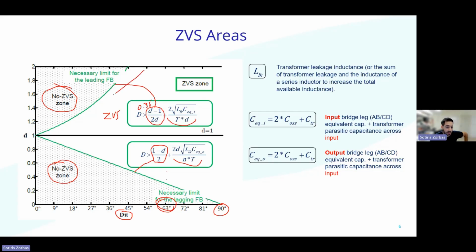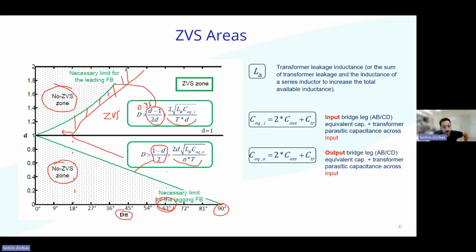Something smaller than that, because this term has something inside. And effectively, you need to operate above a certain point. Now, if you fall below that number, it will be a non-ZVS area.